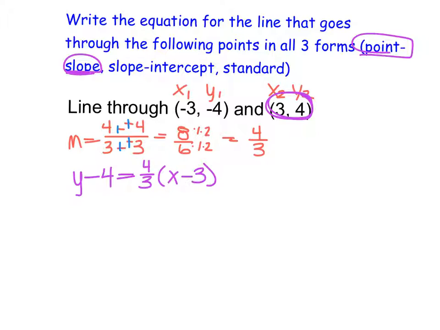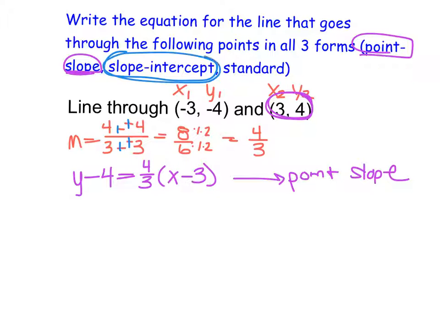So then from here, remember, this is your point slope form. You took a point, you took a slope, and you substituted in. Now my next step is I'm going to rewrite this equation into slope-intercept form. And in order to do that, I need to start by rewriting this equation with no parentheses, and so y is alone. So I start by distributing. I'm going to use keep, change, change here as I distribute.